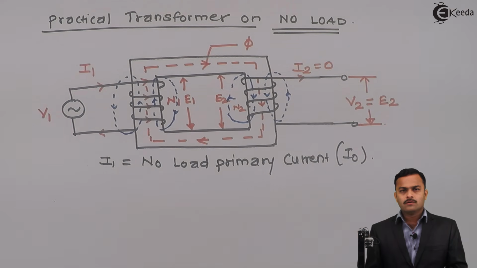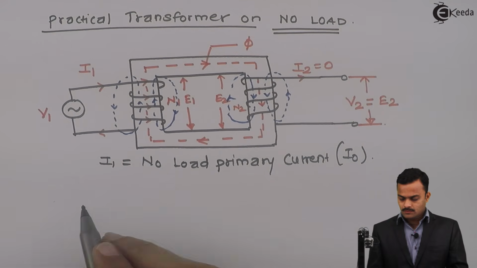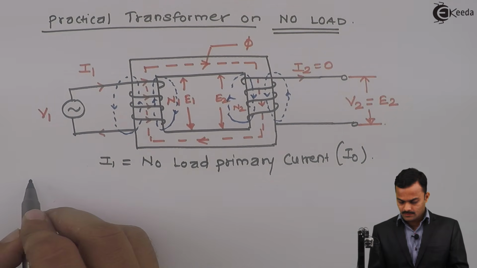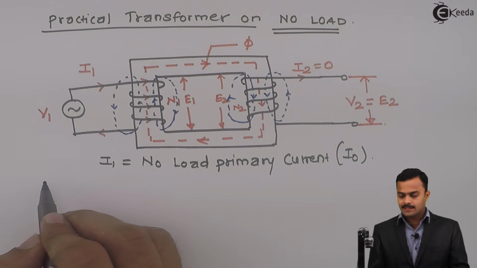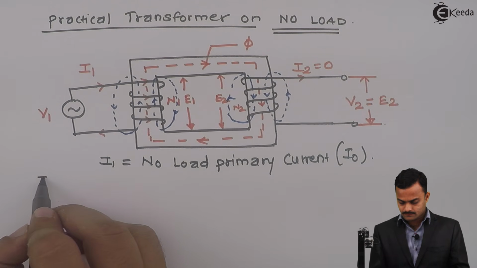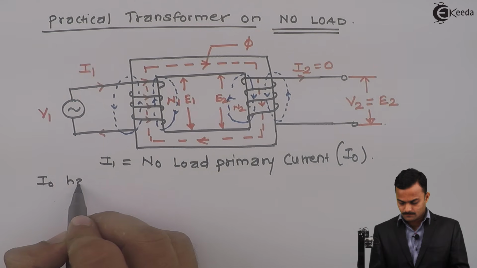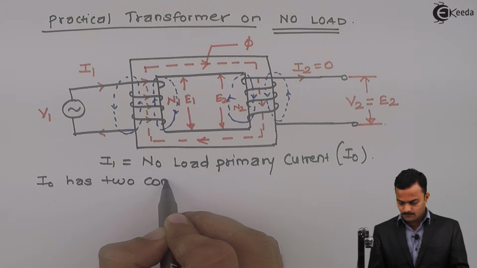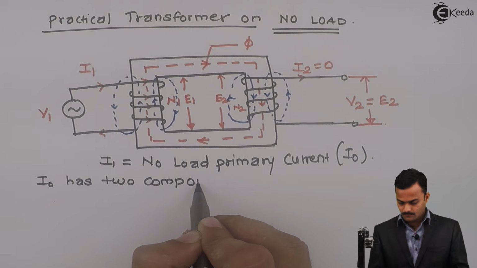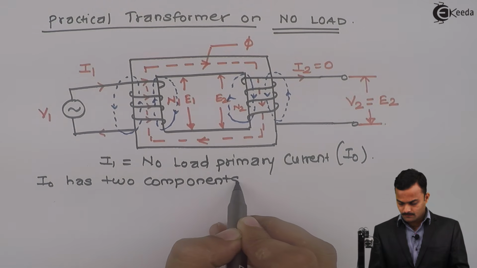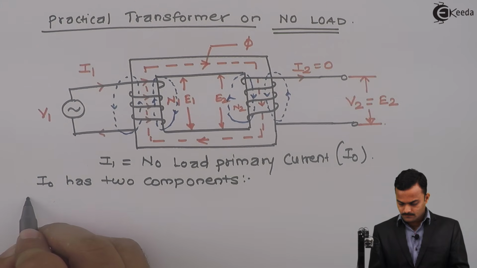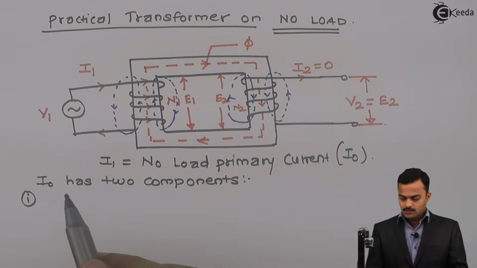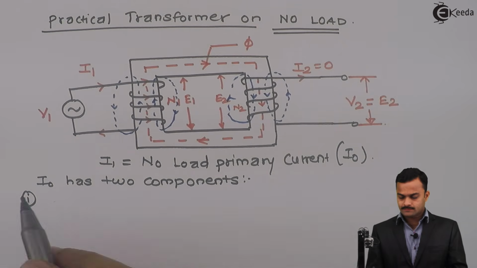I0, a very small value. This I0 serves two purposes, or you can say it has two components.